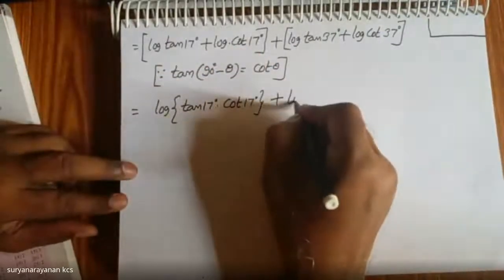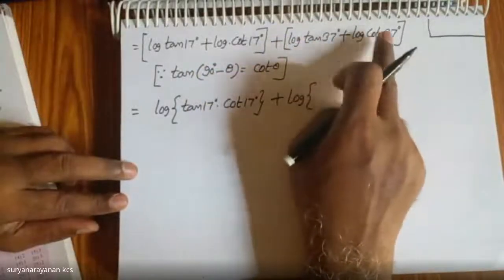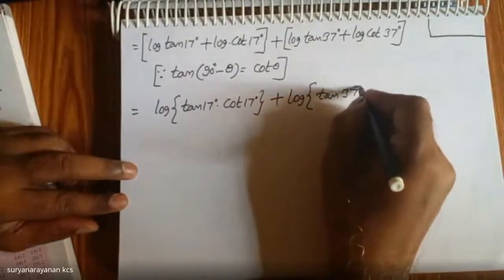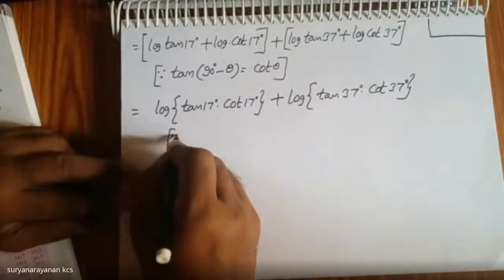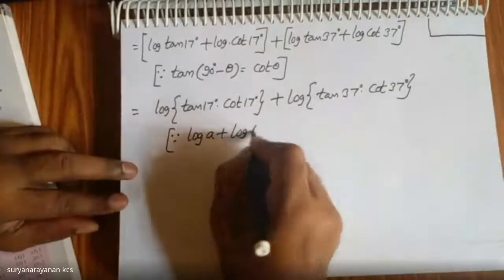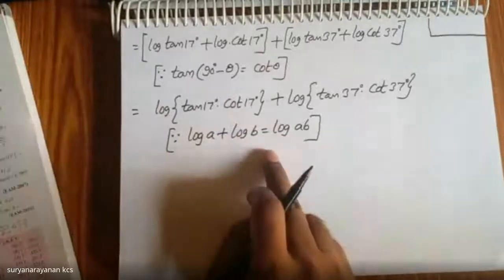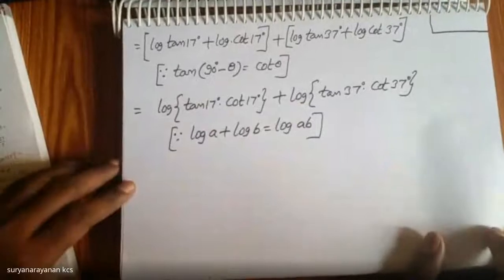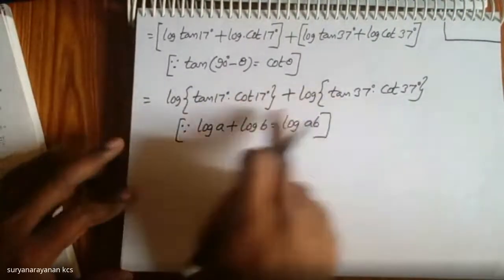Similarly, log tan 37 degrees into cot 37 degrees. By using this logarithmic property, we wrote these two terms.